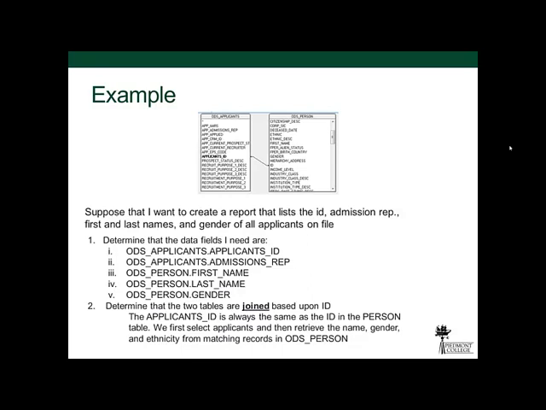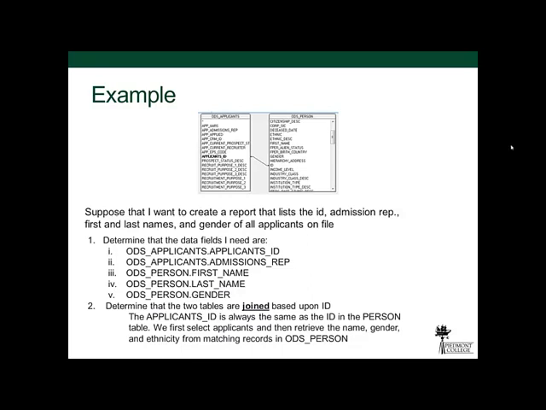And I want the first name, last name, and gender from the ODS students table. I also determine that the records in these two tables are joined based on the ID. And so I look at those two tables and I write down the exact data field name that ODS calls each of those data elements.